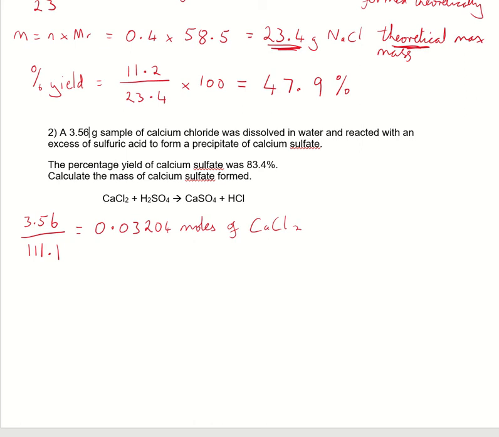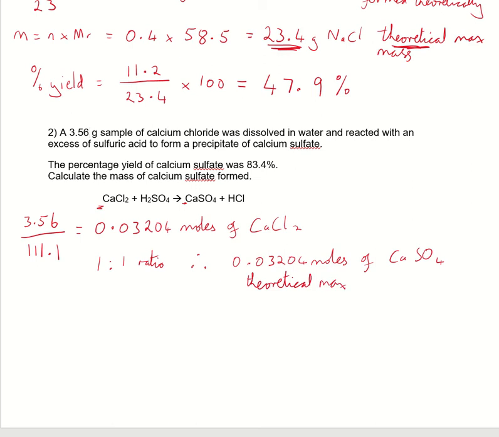Now, what I want to work out is the theoretical mass of the calcium sulfate across here that I should have made. It's a 1-to-1 ratio. Theoretically, from there.